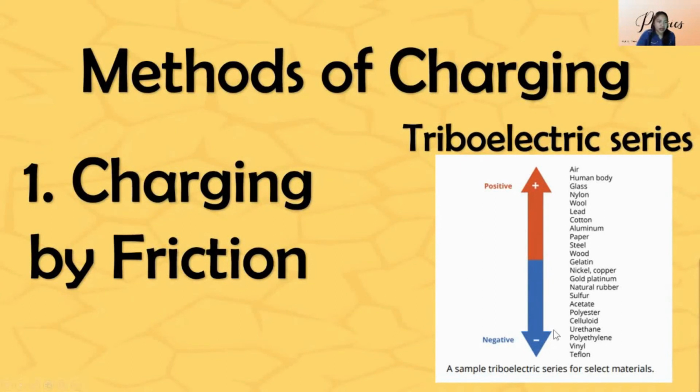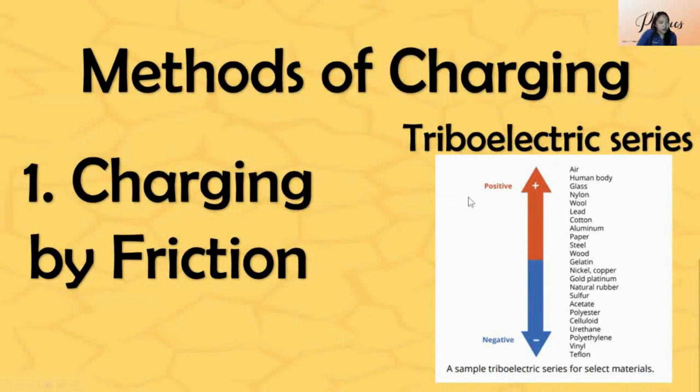So after interacting two or more objects, the electron affinity will tell us which one will more likely become positively charged and which one will more likely become negatively charged. So the greater the electron affinity of the material, the greater its tendency to become negative. Why? Because the greater its tendency to attract electrons.